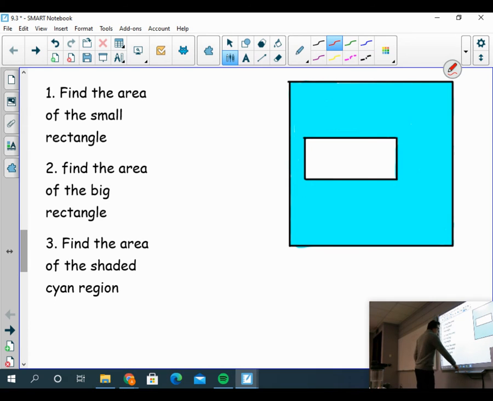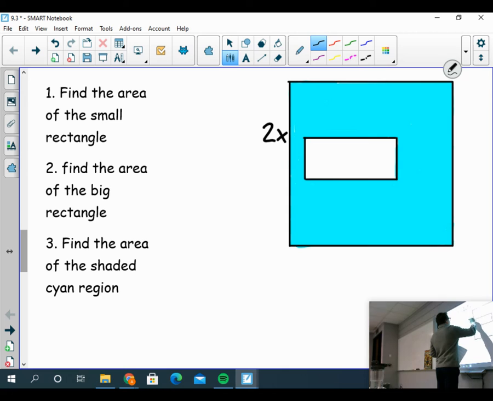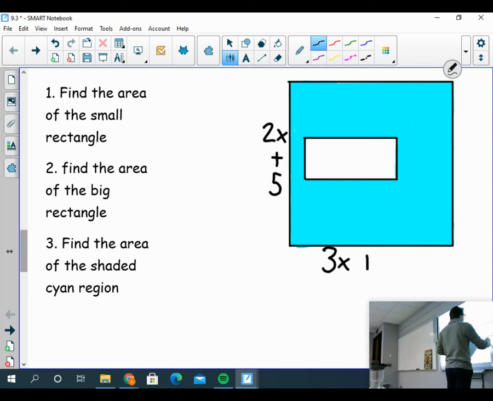Now that we know how to multiply binomials, or at least we've been introduced to it, let's try a more practical problem with it. Let's say that my outer rectangle has a length of 2x plus 5 and a width of 3x plus 1.